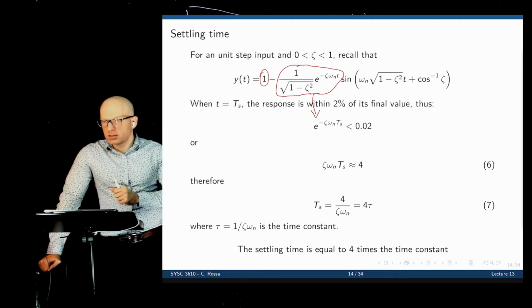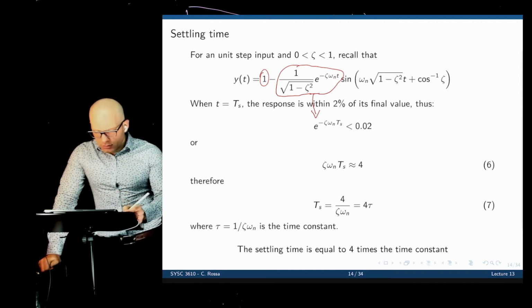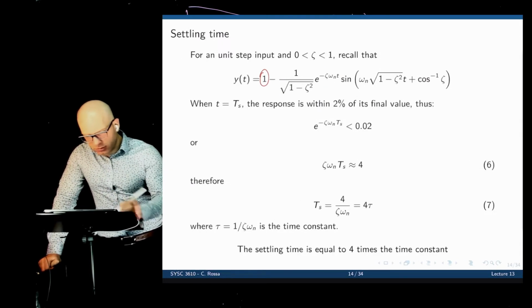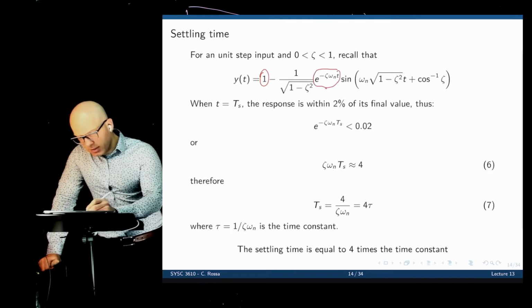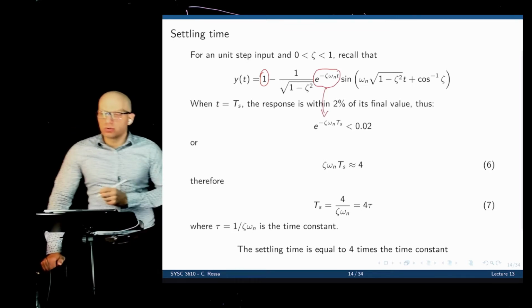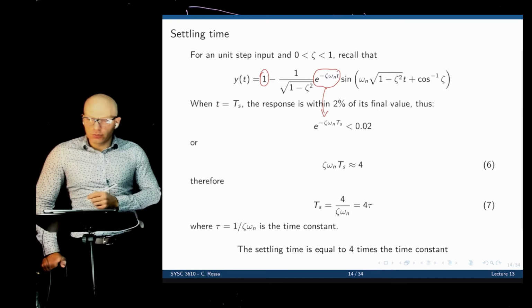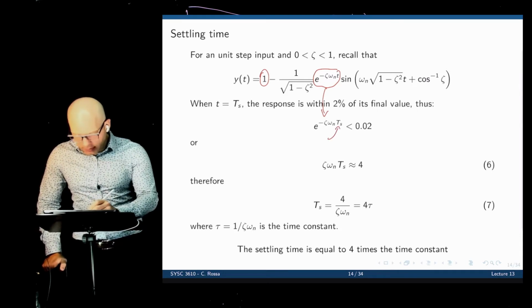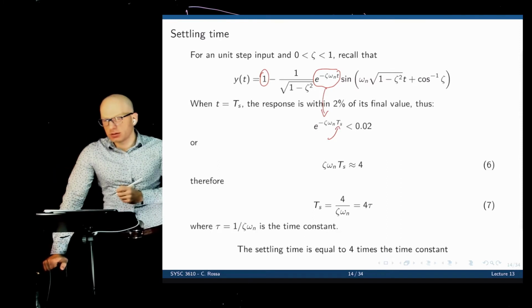If that is the case, then the system is within 2% of its final value. In fact, all we need is to take the exponential here and make it equal to 0.02, and then solve for the time. You see that this will occur at a time Ts, that's the settling time.